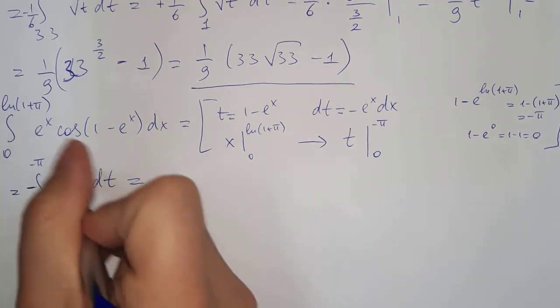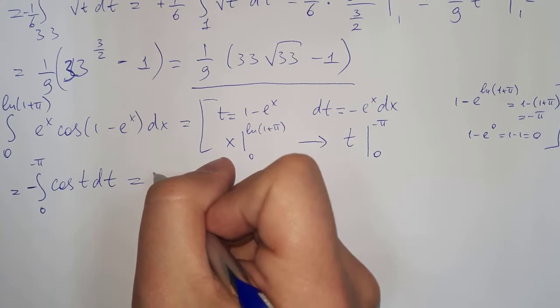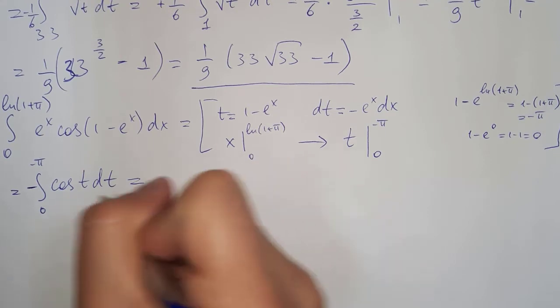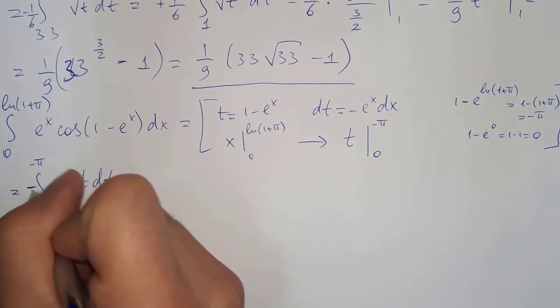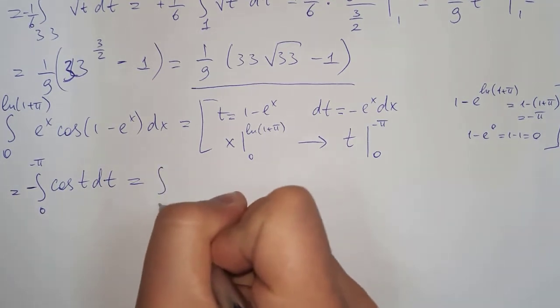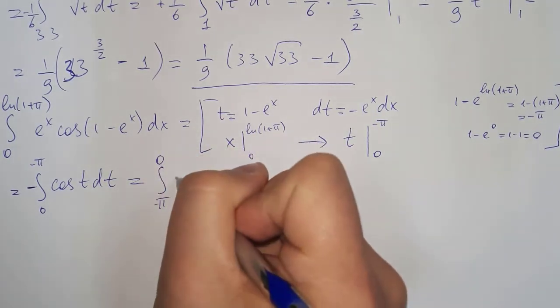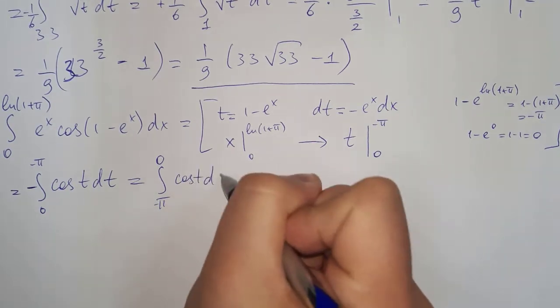And when we change our bounds and write them in increasing order, we get minus, and with the second minus, it will be plus, integral from minus pi till 0 of cosine t dt.